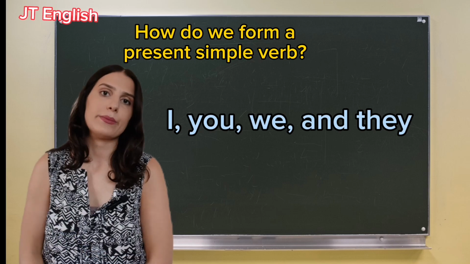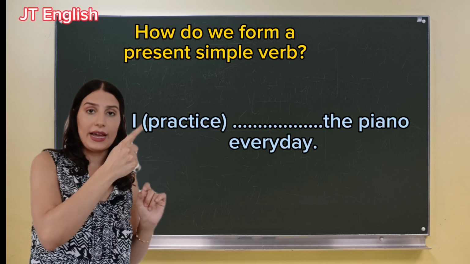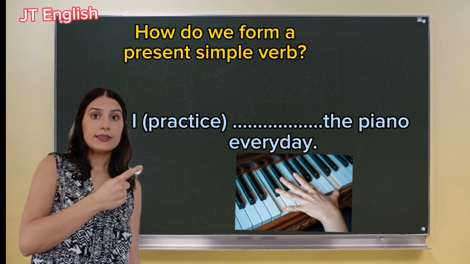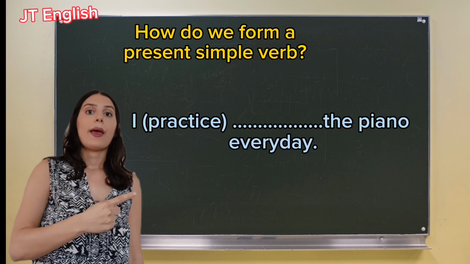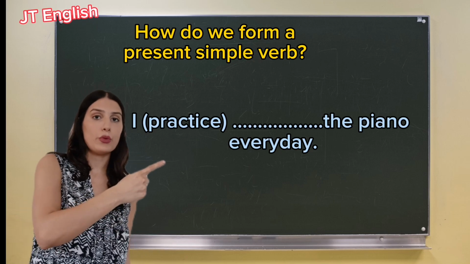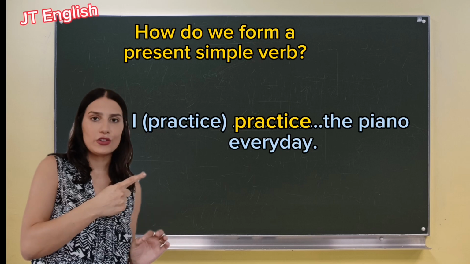Let's have some examples. Here we have the verb practice. I practice the piano every day. Practice stays the same because we have the pronoun I. It doesn't change at all.